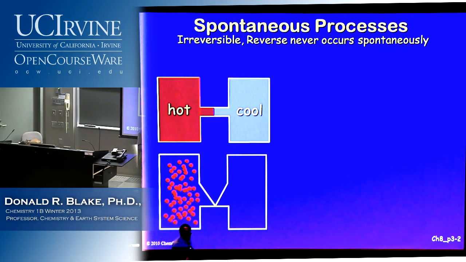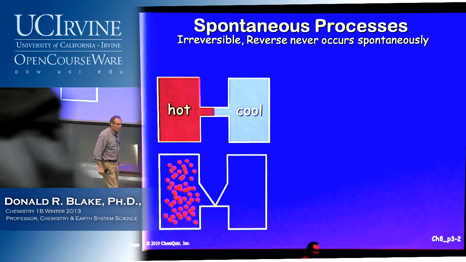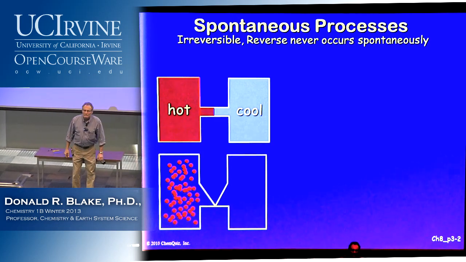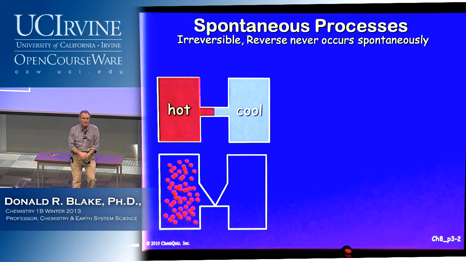I want an honest show of hands. Honest, honest, honest. How many of you think you are very good at determining if something is spontaneous or not? Raise your hand. Okay. I'm not either. If there's a ball at the top of the stairs, yes, a little kick makes it spontaneous, and then it doesn't go back uphill.